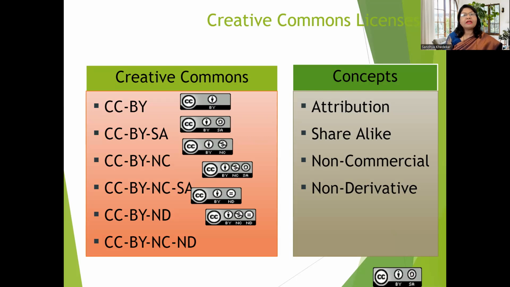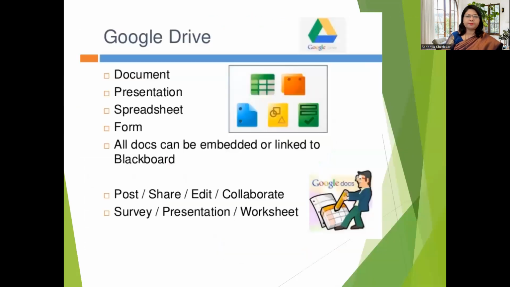If you go to the Creative Commons license website, you will come to know that if you want to reuse a particular document that is licensed, you have to take permission from the author. If it is freely available, an open resource, you can use it freely for the purpose of education. And for resources that are copyrighted, you have to take proper permission from that particular author.